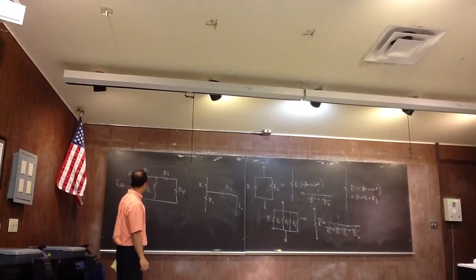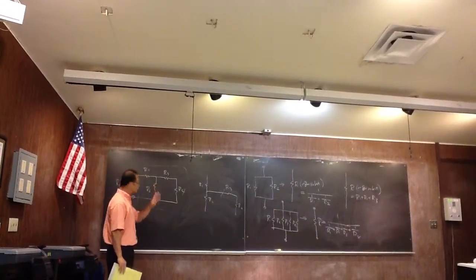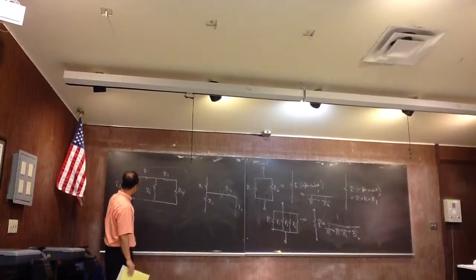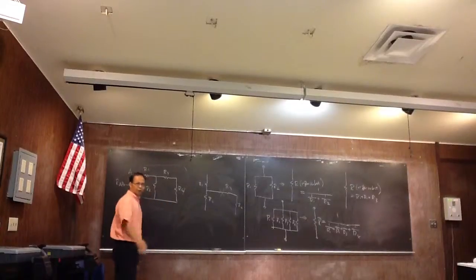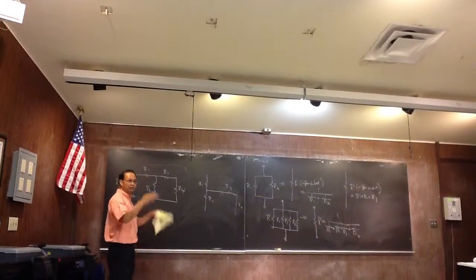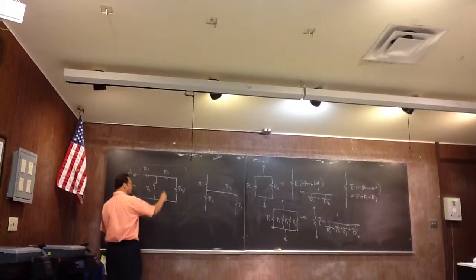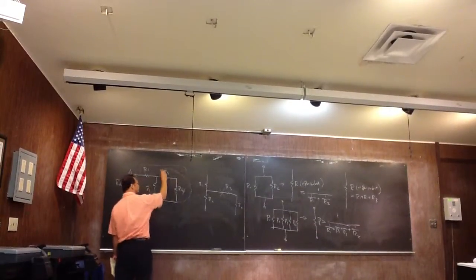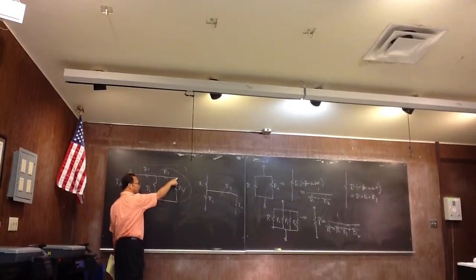Every time when you try to find the equivalent resistance from the terminal like this, you always try to go from the opposite direction and simplify the circuit. So if you go from this direction, first you see these two are in series. Agree? Because there's nothing connected to the middle.